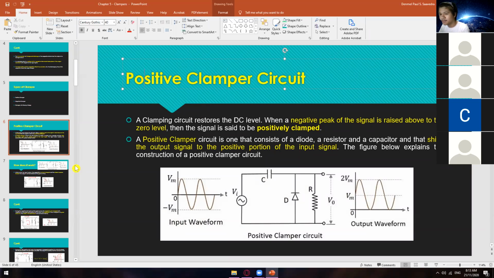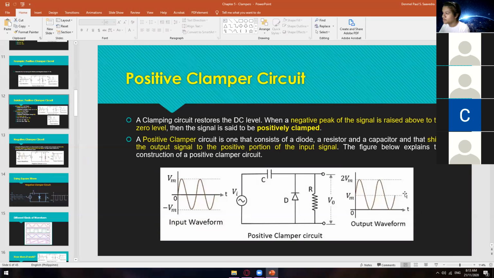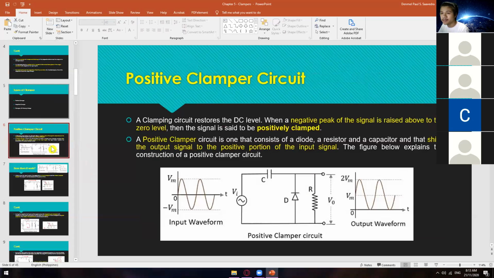If we have a negative clamper, it's just the opposite. The negative clamper is shifted below the ground level. Once you understand how the positive clamper works, you'll be able to understand how the negative clamper works also. As you can see right here, the diode is forward biased, pointed downwards, but in the positive clamper, it's pointing upward, or the cathode is first.